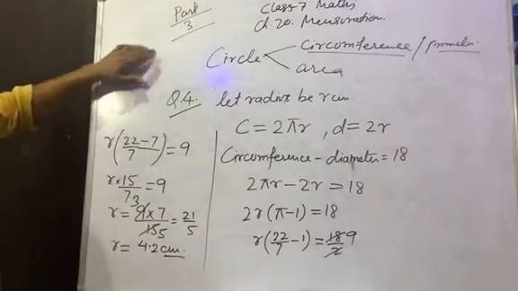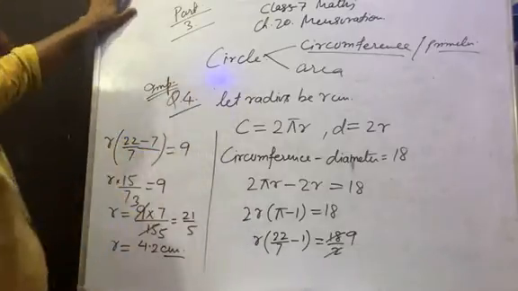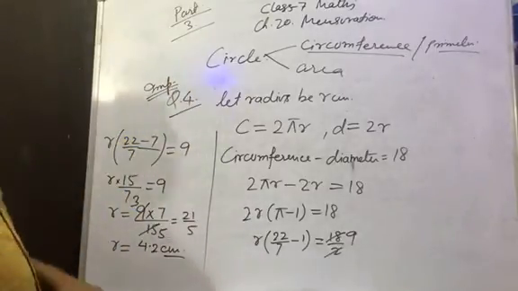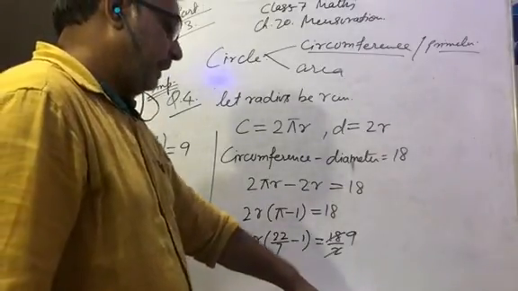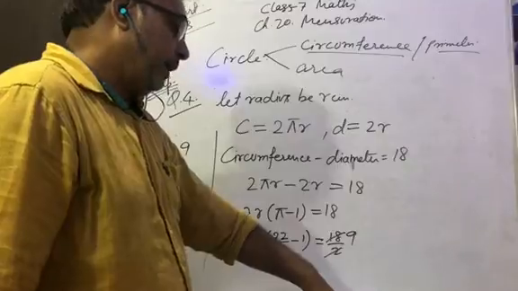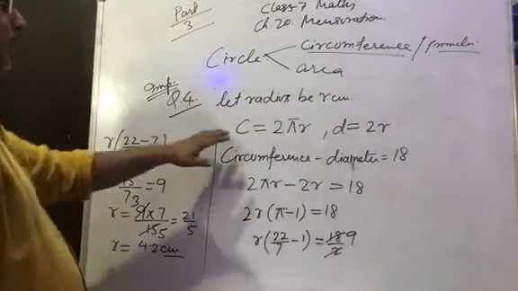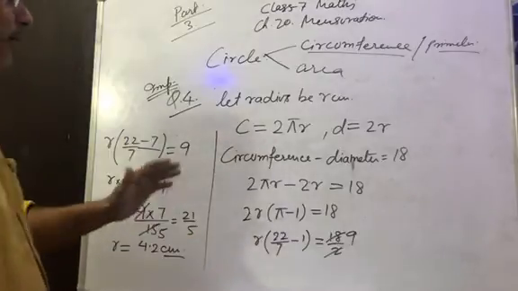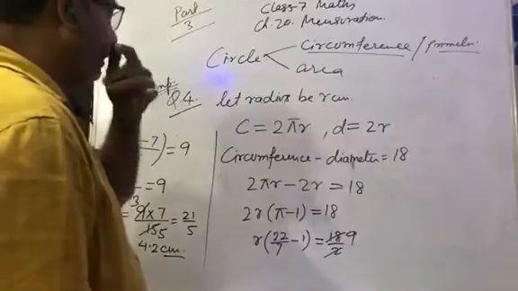This is a very good question, and I think this is important also for you all. So I repeat the question once again. The circumference of a circle exceeds its diameter by 18. Find the radius of the circle. In this question, only the difference of the circumference and diameter is given. So let the radius be r centimeter.